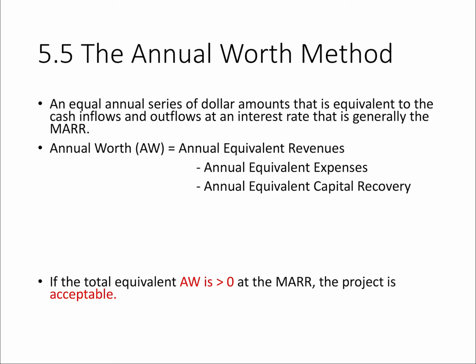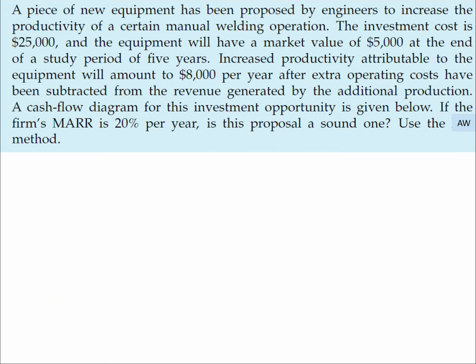The annual worth method is actually to distribute all the cash flows on the diagram and see if the total annual worth will be bigger, equal, or smaller than 0. That's the same logic. It's just converting the cash flow to a different time. So let's use this same example to see if using the annual worth method we get the same answer for this proposal. We copy that cash flow diagram here.